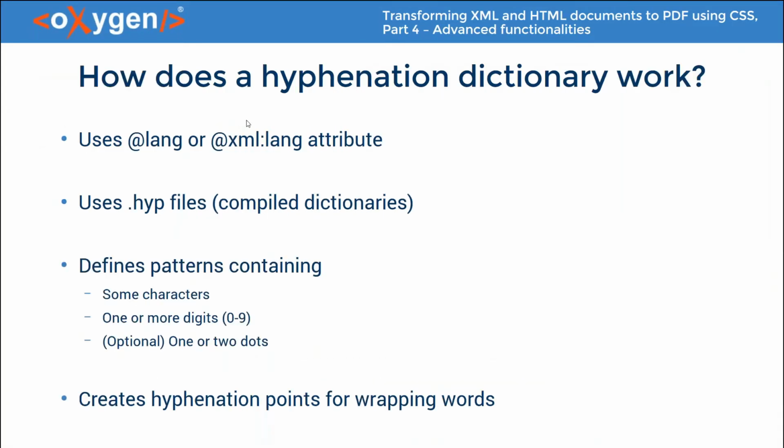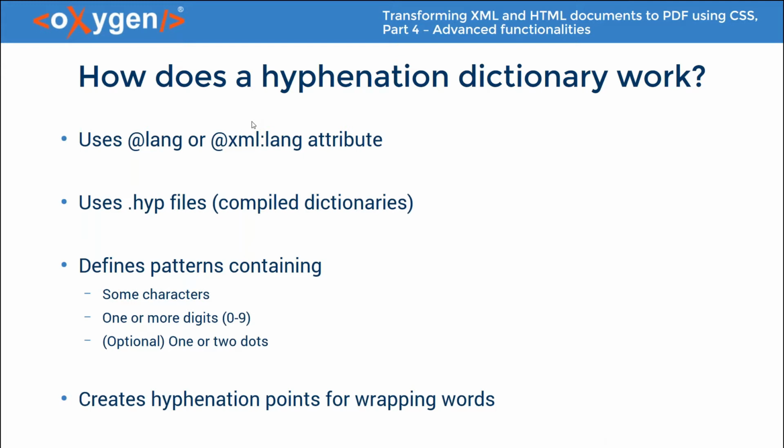So how does the hyphenation dictionary work? First, they are really based on the language used by the document. In my example, I'm using French and English, as I showed you before. So in fact, it's simply based on the lang or xml:lang attributes on XML elements. Based on that, the processor will automatically load the corresponding dictionary and apply the specific patterns.